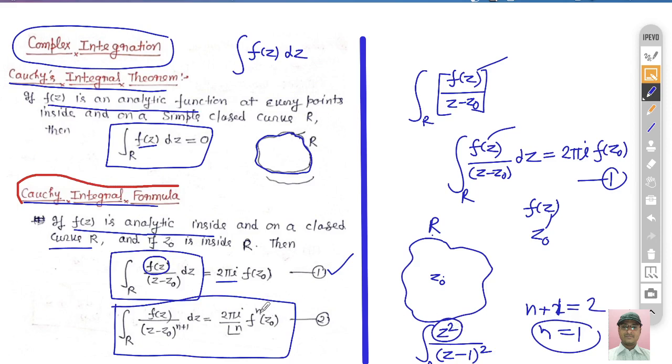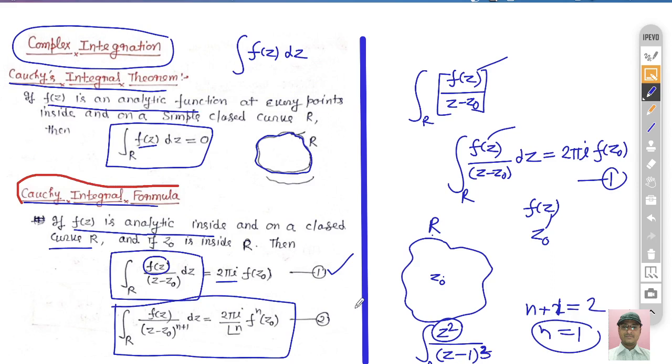Whatever we get, we use. If the power is 3, the n value will be 2, so you differentiate 2 times. In this way you solve the problems of complex integration using the Cauchy integral formula.